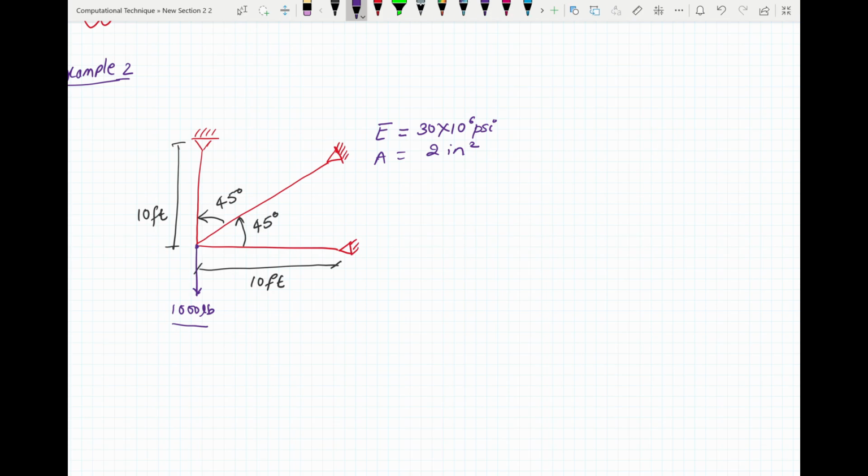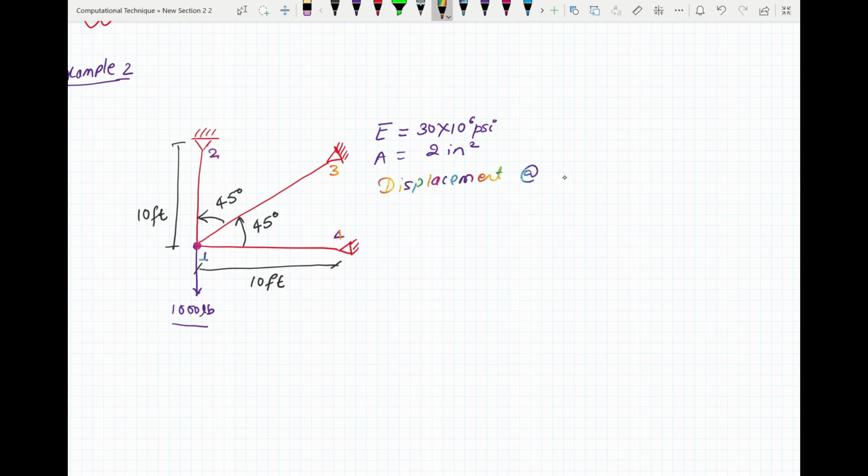Now the question here is to find the displacement at this point here. Let's label our nodes. Let this one be 1, 2, 3, and this one be 4.